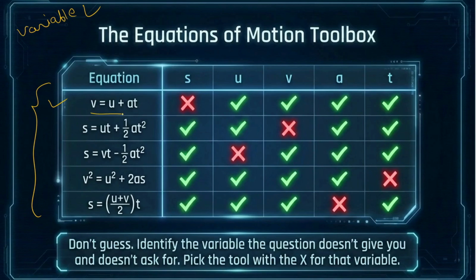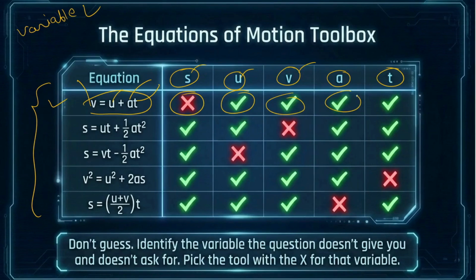In the first equation, we have final velocity, initial velocity, acceleration, and time. So the basic variables are displacement, initial velocity, final velocity, acceleration, and time. In this equation, you don't have displacement, or you can say distance. You have u, v, a, and t.